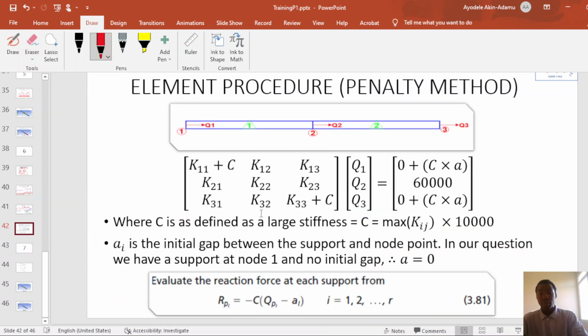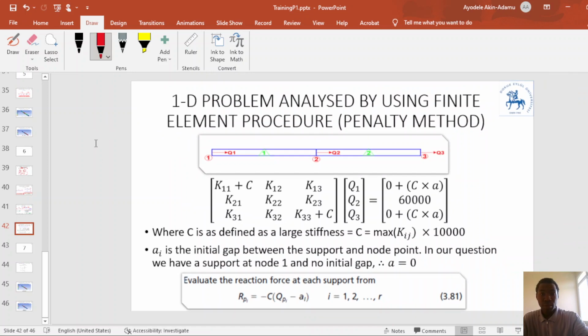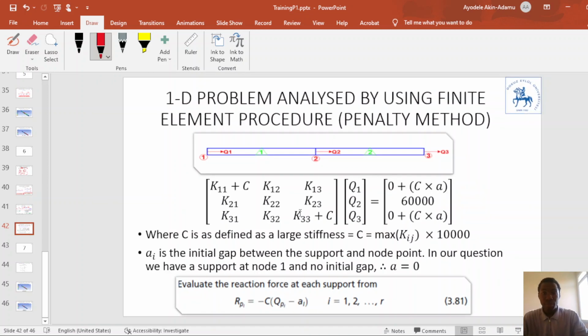For the finite element procedure for this problem, I don't think the elimination method can be applied to this problem because of the gap variable. But if it can be applied, maybe someone can get through to me and teach me how an elimination method can be applied to this problem.